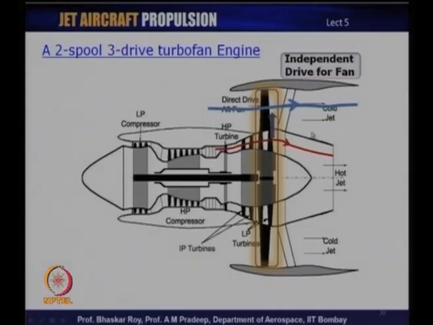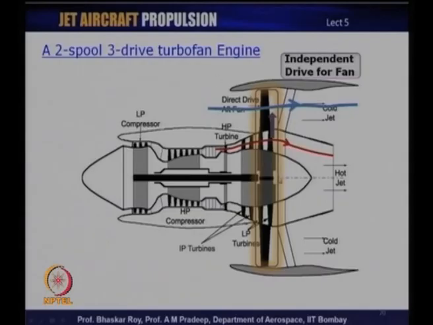Now, this is often called an aft fan, because the fan is not in front of the engine, but somewhat towards the rear of the engine, and the peculiarity or ingeniousness of this particular design is that it does not have a shaft to convey the power from turbine to fan, but the power is directly conveyed from the blades of the turbines to the blades of the fans, which rotate together on the same inner shaft.